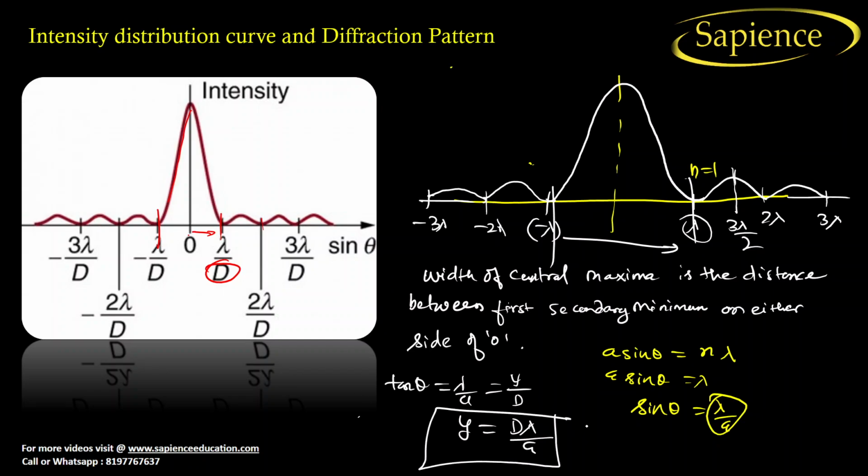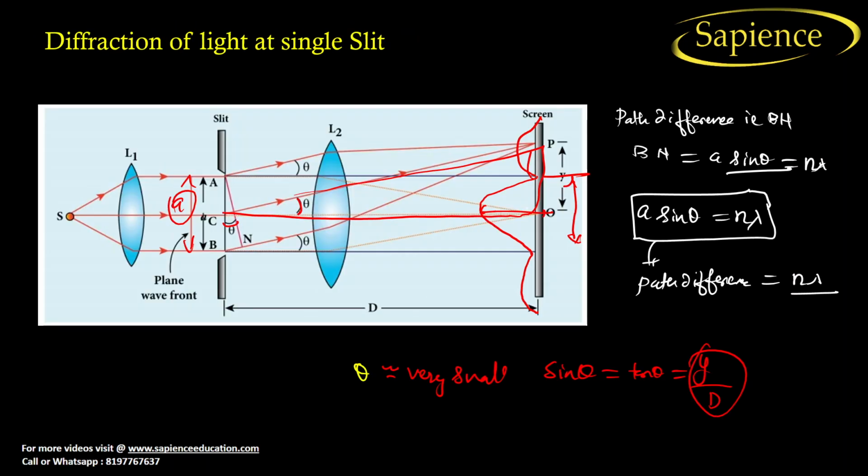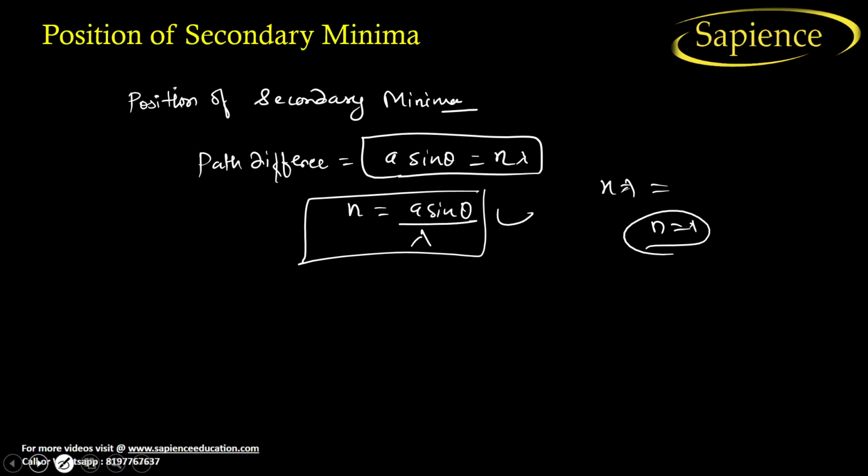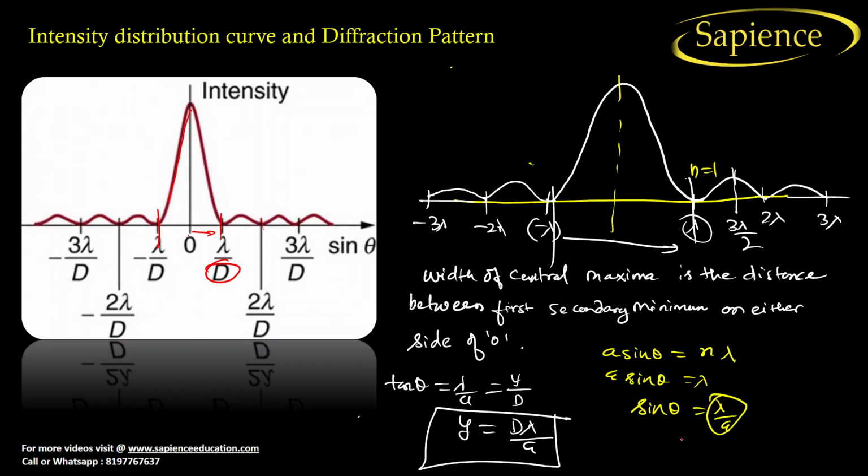But what is the width of the central maxima? See, we have got this y. If you observe this figure, we have got this distance, but we want the total distance of the central bright fringe. So you need to find the total width of the central bright fringe, right?